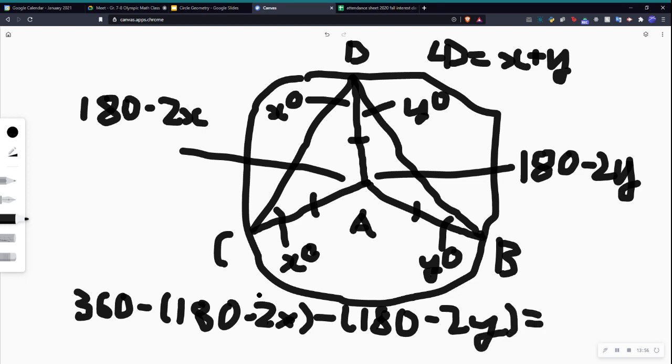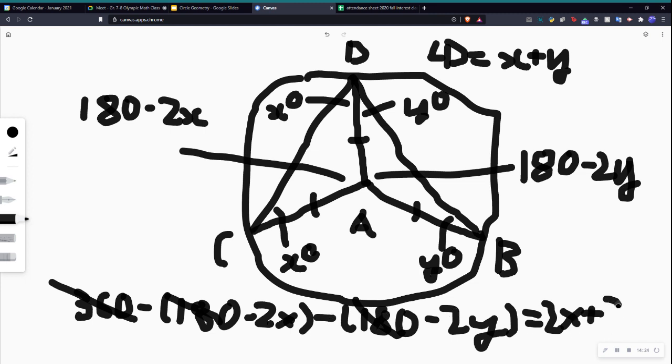All right, we can simplify this by a lot, right? So we have 360, we can subtract 180, get 180, then we subtract another 180, so that would just leave us with 0. So no constant term, right? We have a minus negative 2x, two minuses become positive, so we just get 2x. Same thing for the 2y. We have two minuses, which become a plus.